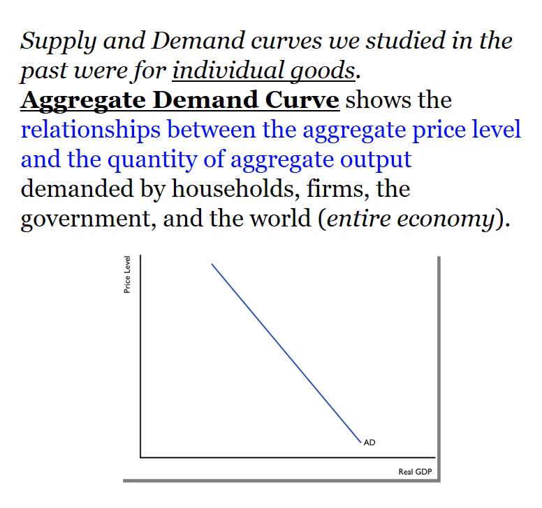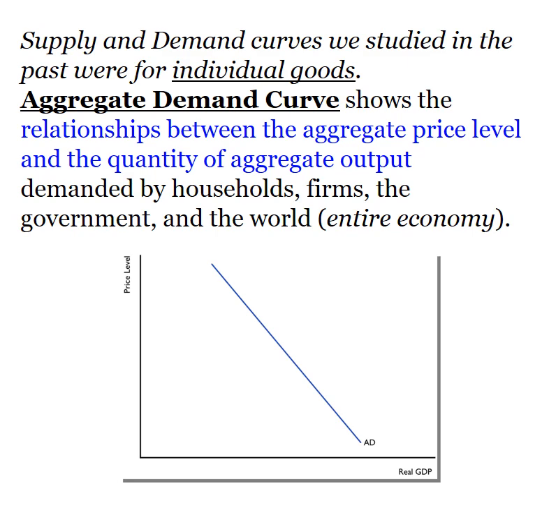So we mentioned that supply and demand, the individual models, were for individual goods. So if you were comparing two substitute products like Coke and Pepsi, they each would have their own supply and demand model. And what could be a move along the curve for one would be a shift for the other. Aggregate demand is economy-wide.